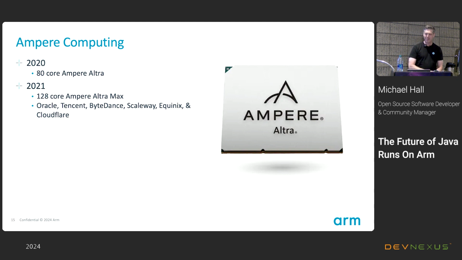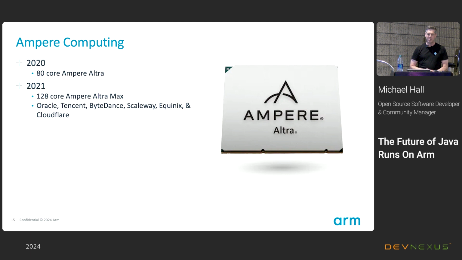Then in 2021, they followed that one up with the Ampere Altra Max, which had 128 cores. I should say up to 128 cores because you can get these in different sizes. I think the smallest one is 32 cores though. Also in 2021, Ampere chips started to be used in Oracle Cloud.